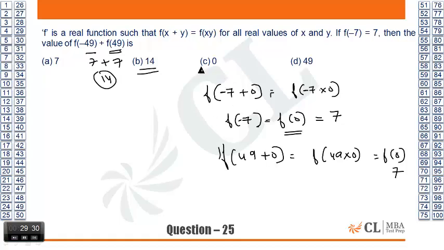Any problem with the logic? f of x plus y equal to f of xy. If I take y equal to 0, this has to be equal to f of 0, which means f of x is basically equal to f of 0. So 14. Perfect.